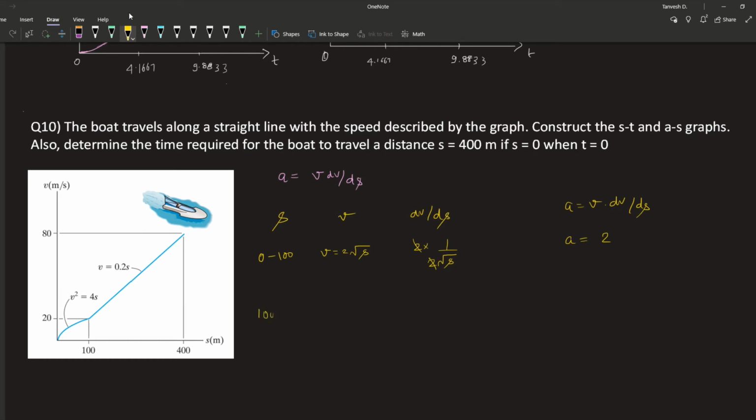From 100 to 400, velocity is 0.2 s. So dV by ds is 0.2. Therefore, A will be 0.2 the whole square into s, which is 0.04 times s.